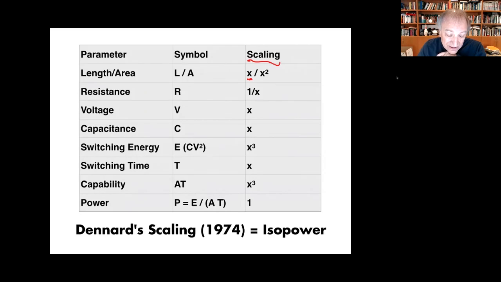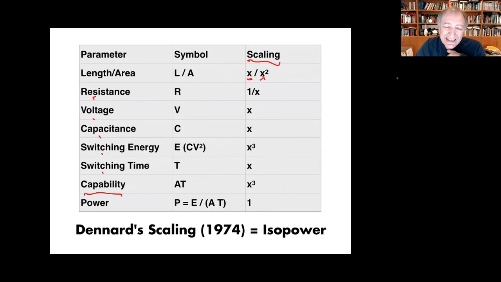They show that if you make a transistor smaller by some factor X, say if the length of that side decreases by a half, then the area, of course, goes as X squared, or 1/4. Then there are all these other electrical properties like resistance, voltage, capacitance, energy and time. There's an interesting thing called capability, which is the area times the time at which you can switch the transistors.